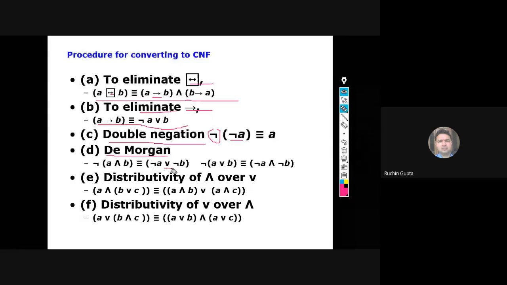So if I want to convert this logical AND into OR, I need to use De Morgan's law. Then if we require the distributivity rule, we apply this distributive rule so that we may get the equivalent CNF. All these things are required to be done so that we may convert a particular propositional statement into an equivalent conjunctive normal form statement.